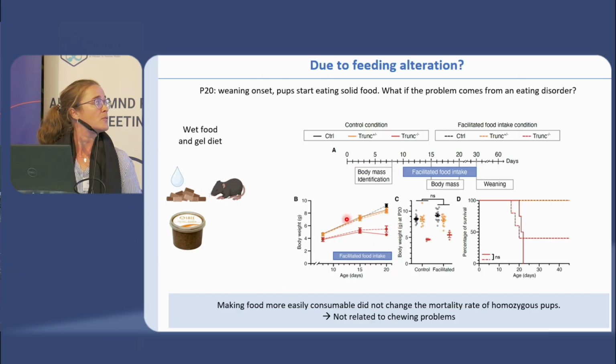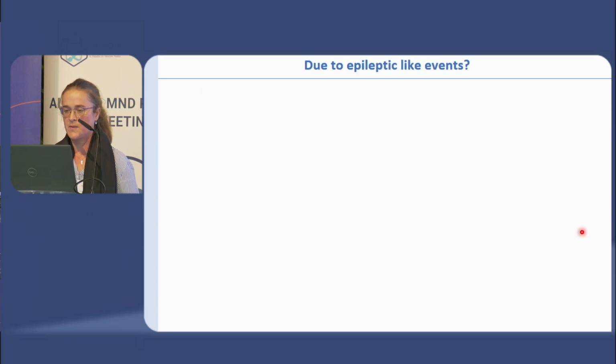This is the dashed line there. And it also didn't change the mortality of our pups. So making food more easily consumable did not change the mortality rate of our pups. So it looks like it's not related to chewing problems.